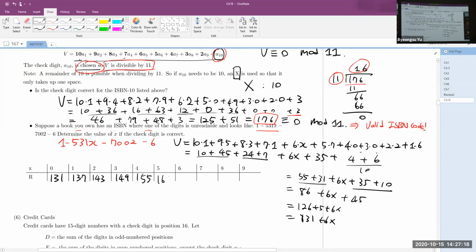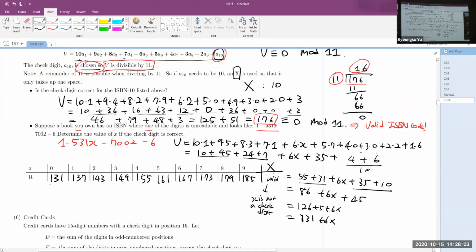Then 161, 167, 173, 179, 185. Here I missed the case where x represents 10, but this is only allowed for the check digit. So we don't actually care about this X, and that's why I didn't put it here. It is not valid because X is not a check digit.